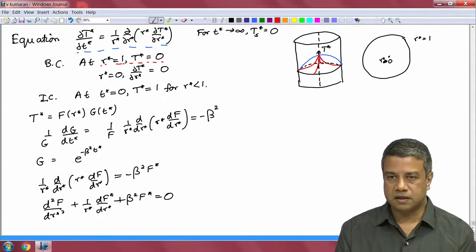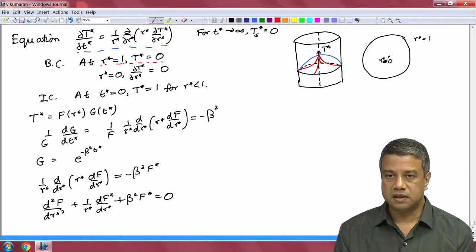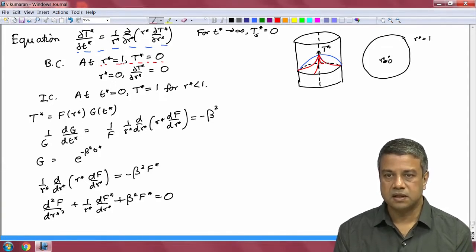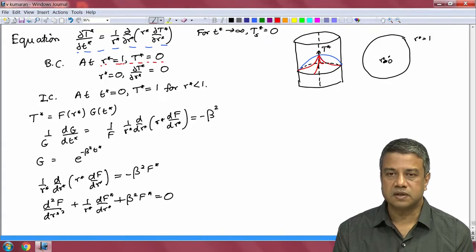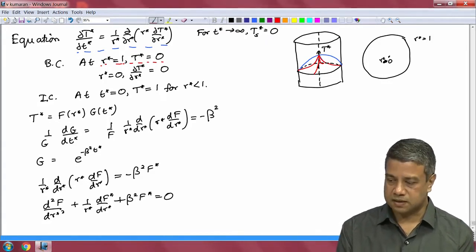If the derivative is non-zero, as shown by the red lines on the figure on the left, the derivative will not be uniquely specified at that location and you will have a cusp in the temperature field at that location, and that is unphysical because there is no physical boundary there. So, you cannot have the temperature derivative being discontinuous at that location.